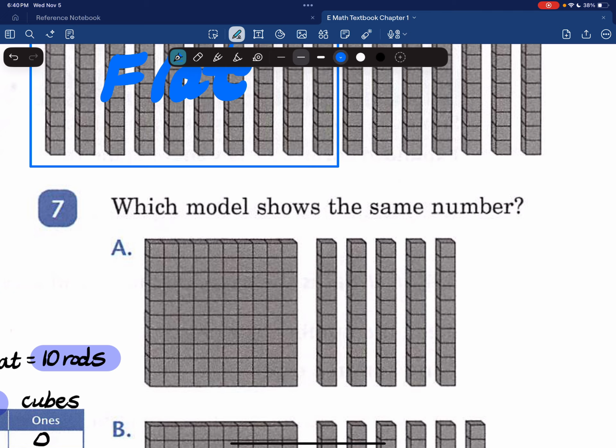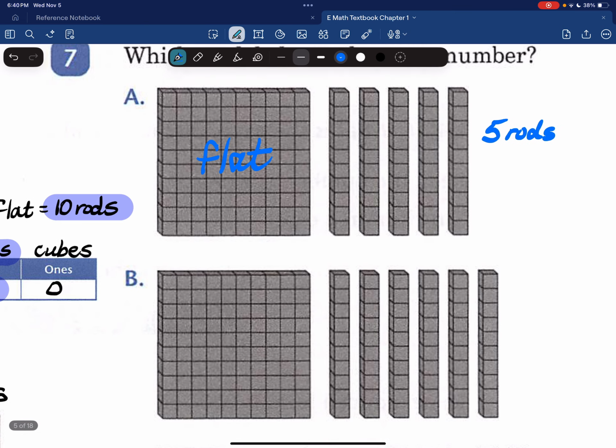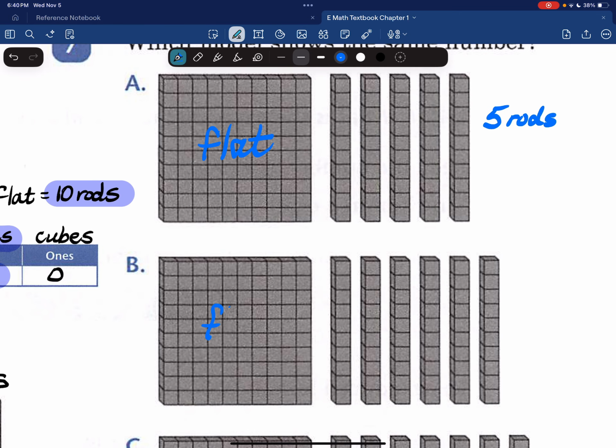So here is a flat. That part's okay. But this is 1, 2, 3, 4, 5 rods. So that is not, we need 7 rods. So here I have a flat. We're good there. 1, 2, 3, 4, 5, 6 rods.